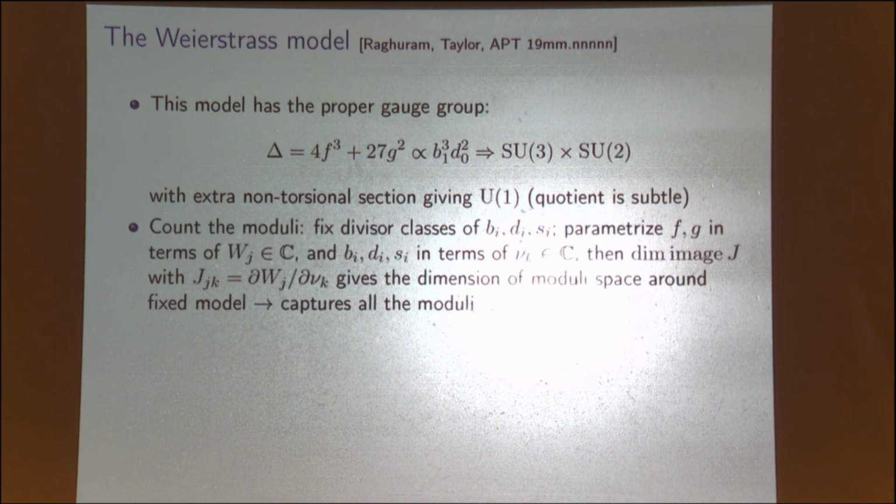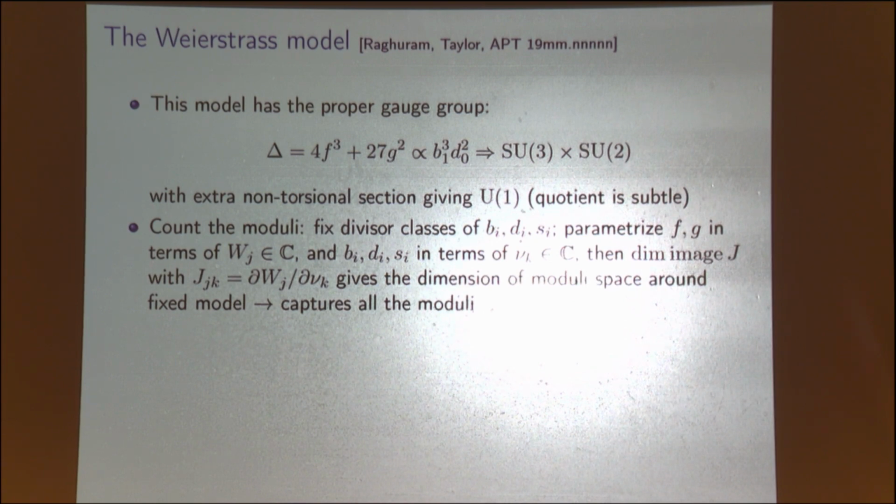OK, the next thing we want to do is count the moduli. As I said, this is kind of difficult if you just count naively because you have an overparametrization. But what we can do is fix a particular instance of this model by choosing a base and then randomly choosing divisor classes for all of the parameters in this Weierstrass model.